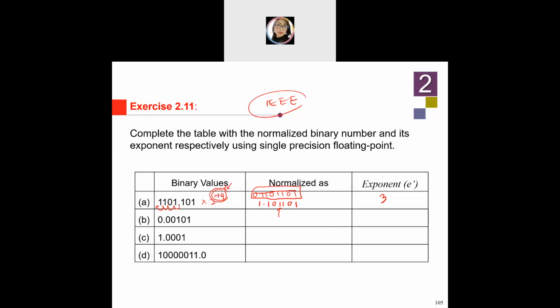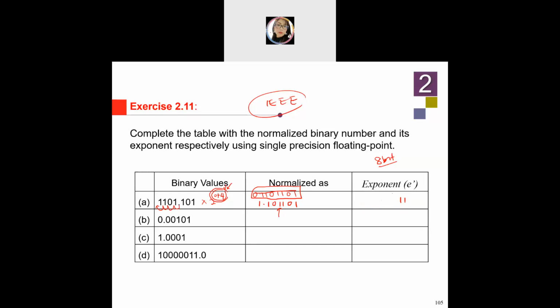If you want to convert, you just convert. If you have 3, you can just convert to 11. Then you can pad whatever number behind, if it is 8 bits for single precision. So you pad to the right, right? 10000. Then for the fraction, you pad to the left.